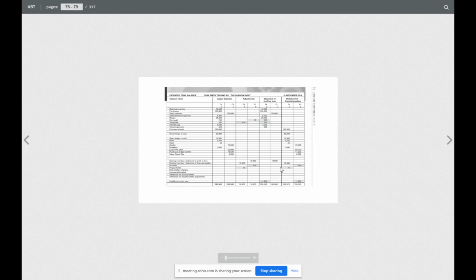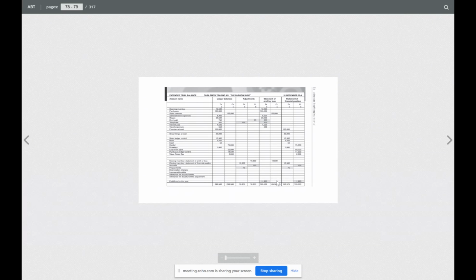Income is more, credit side is more, so it shows us profit. So we put the profit and total here. Then we put the same figure of profit or loss to financial position. If it is debit, it will be credit here.